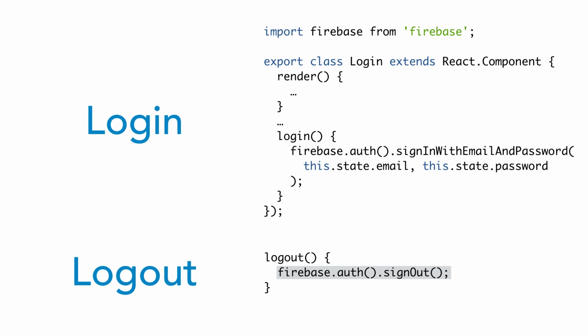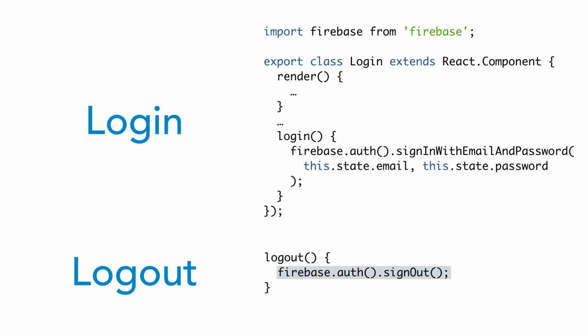These methods do actually, in theory, return promises, but the Firebase people discourage you from using those promises because sign in and sign out aren't the only two scenarios where your login state can change. For example, your session might have timed out, or the app might have just been reloaded, and at least for a small period of time, it might be unclear whether you are logged in or not. The Firebase library might need to figure that out and then call you after a small period of time.